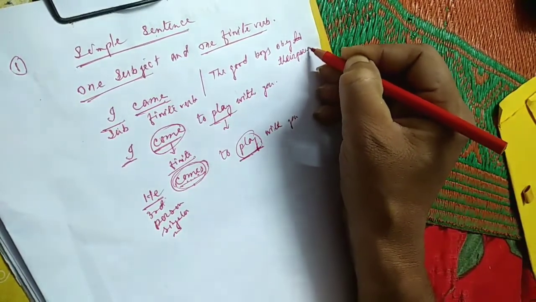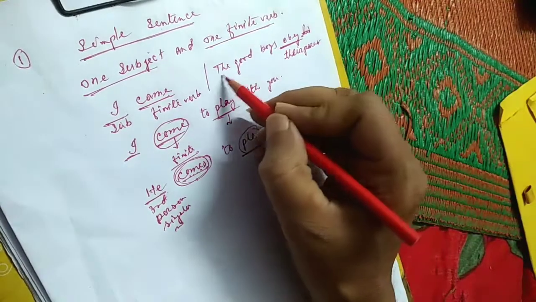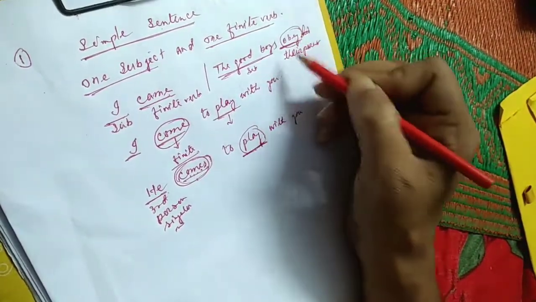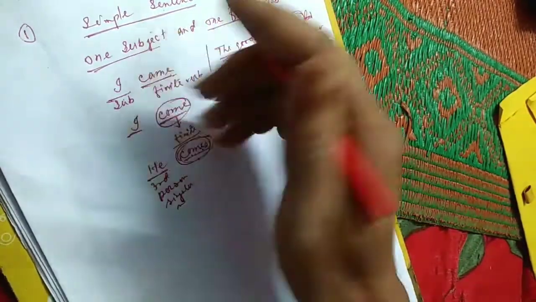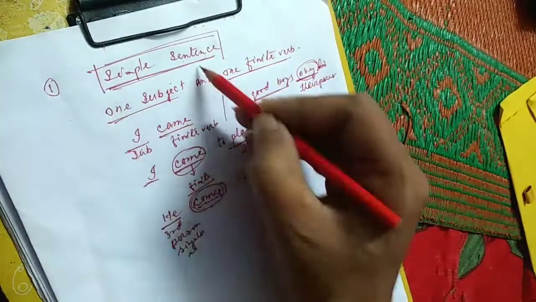Here obey is the finite verb and good boys is the subject. So one subject, one finite verb. This type of sentence is called simple sentence.